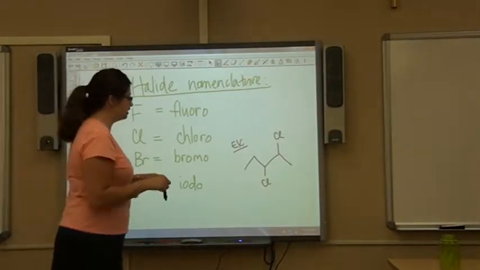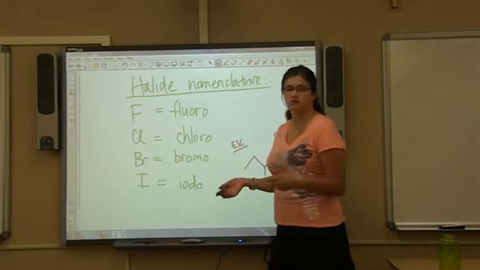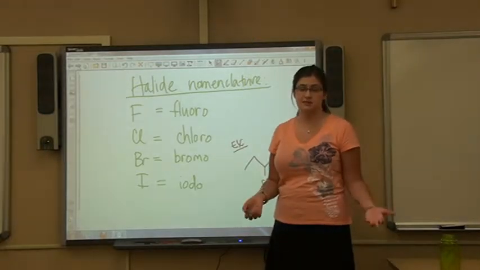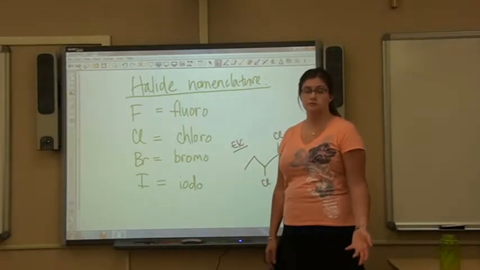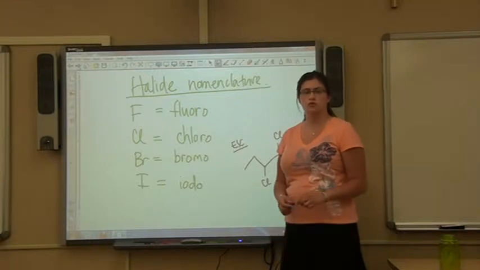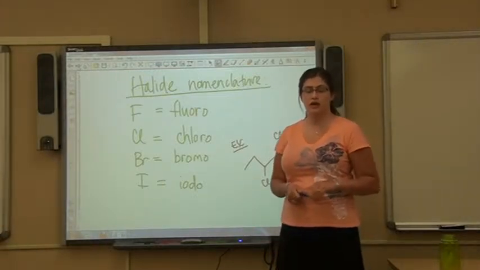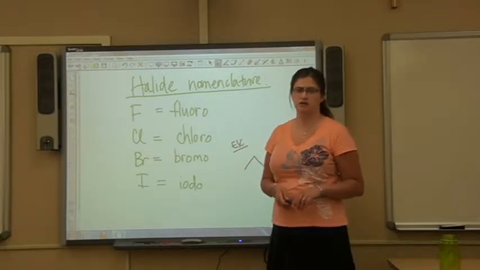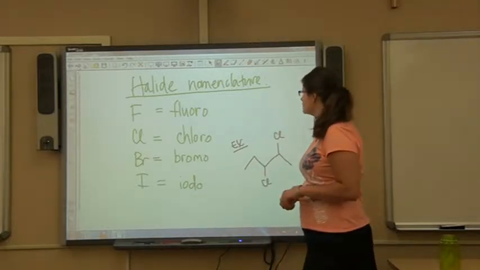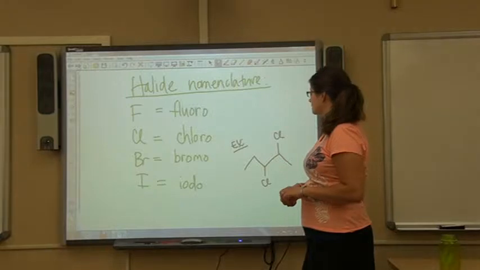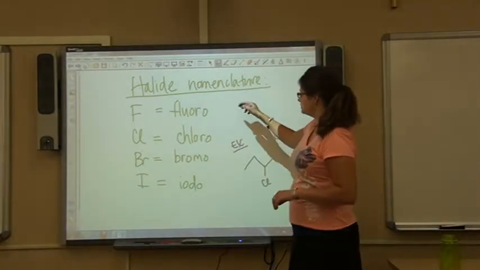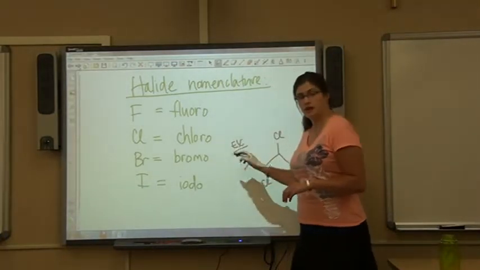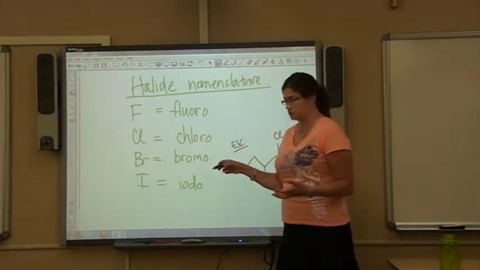Here's the list of the abbreviations for naming these as substituents. Fluorine is fluoro, chlorine is chloro, bromine is bromo, and iodine is iodo, although you won't really see iodine a whole lot in organic compounds. Okay, so we will use this chart to name halide substituents.